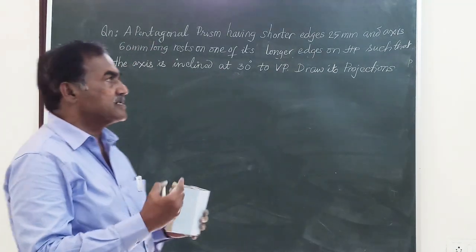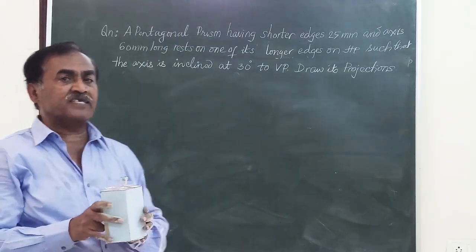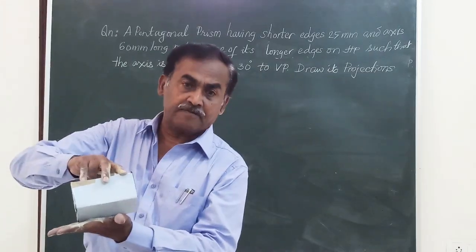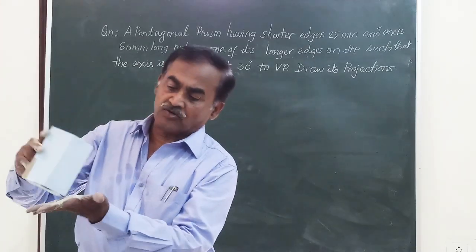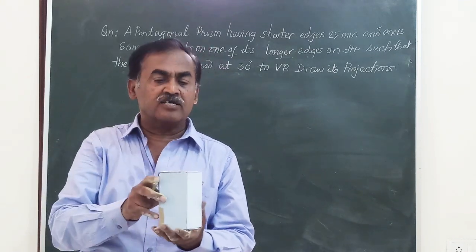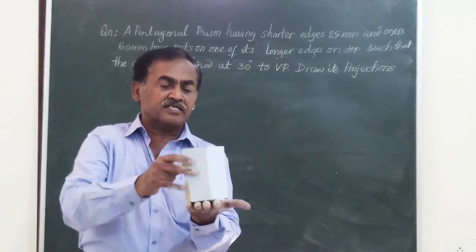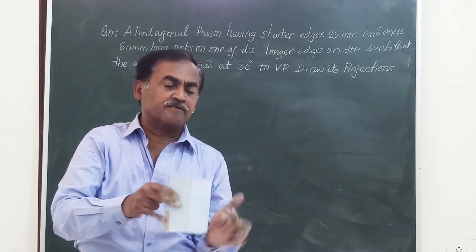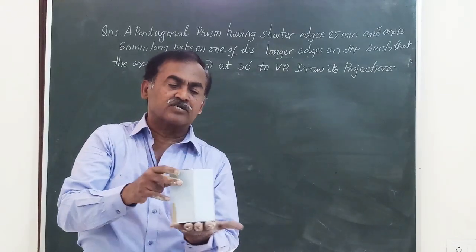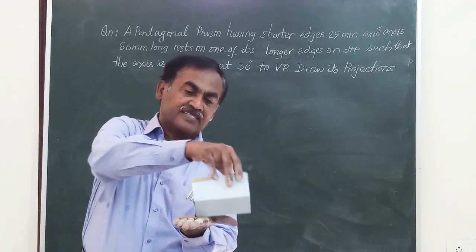So whenever the solid or this prism has to rest on one of the longer edges on HP, such as AA1 on HP, that longer edge has to make an angle with HP, so it is always essential to see that the object is placed on HP on its bottom face such that one of the corners of the object will come to your right side, so that you will be able to tilt the object in the second position like this.